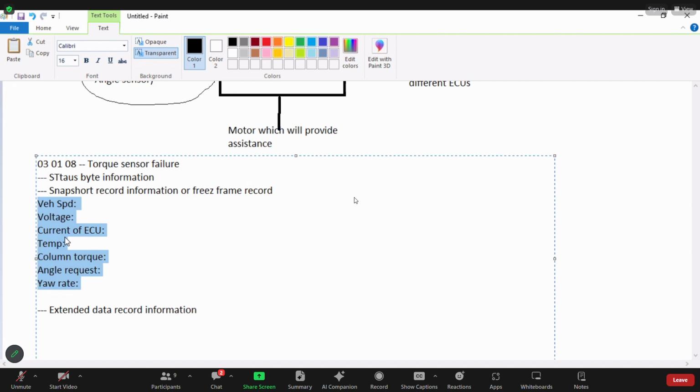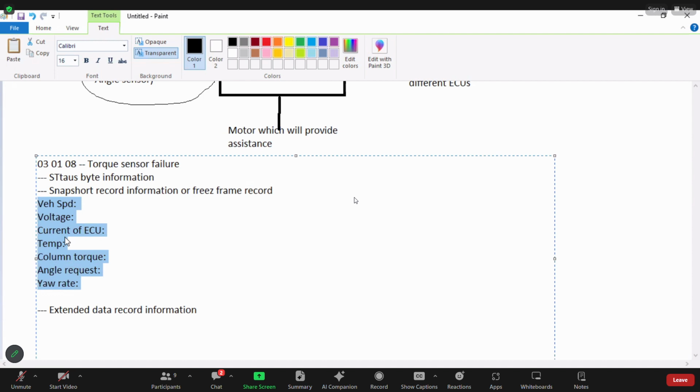Maybe the power steering is failing. This failure was reported by so many people. Now, how will the company, the OEM, come to know the reason why this failure is happening again and again?